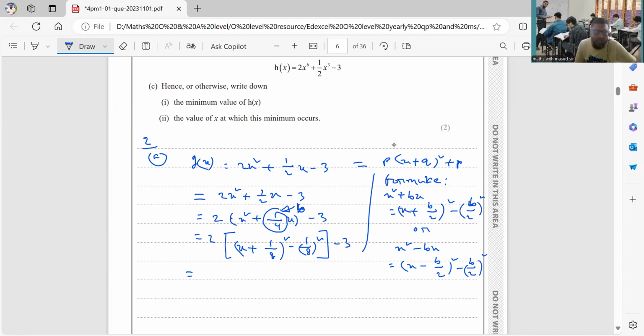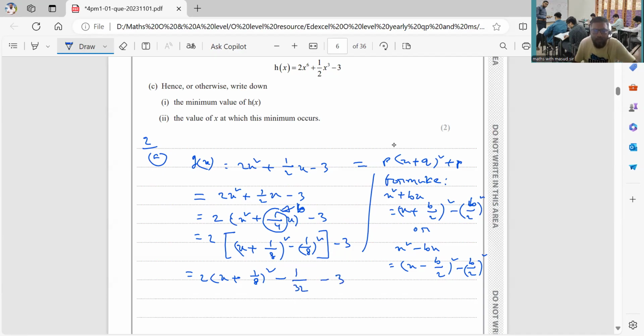Okay, now you have to expand the bracket. So 2 multiplied by this one. You can write 2 multiplied by x plus 1 by 8, whole square. It will be the same thing, because you cannot expand the 2 into this one, because this is the power. You have to keep the same thing. 2 multiplied by this, and minus 2 into 1 by 8, whole square. In the calculator, 2 multiplied by minus 1 by 8, whole square, and you will get minus 1 by 32.